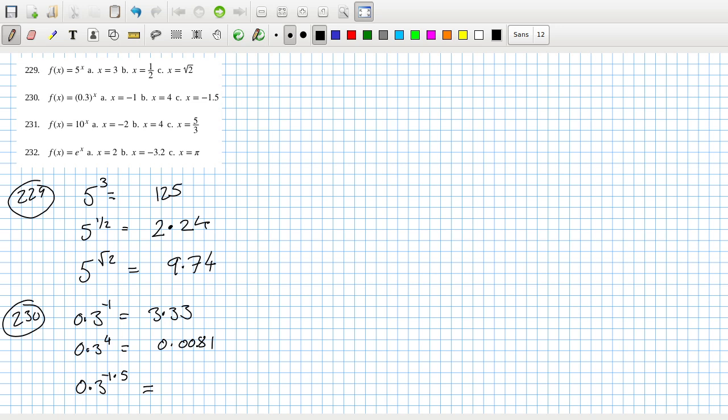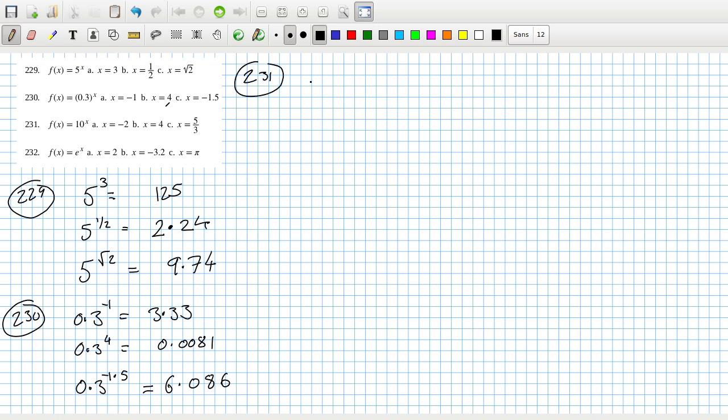Two significant figures after the decimal point makes me feel like I should leave it like this, because I don't think two significant figures after the decimal point is the same thing as two decimal places, now that I think about it. So again, it's just weird. But yeah, okay, I'm going to leave it like that. 0.3 power minus 1.5, 6.086, I guess. I'm not happy with this.